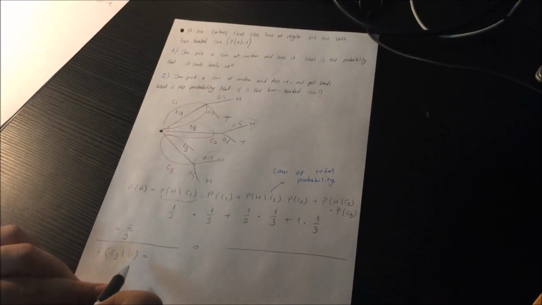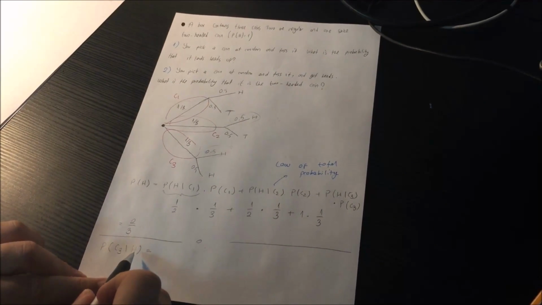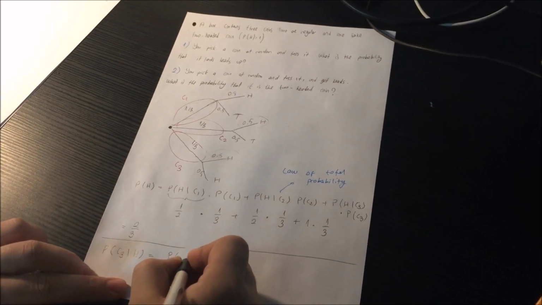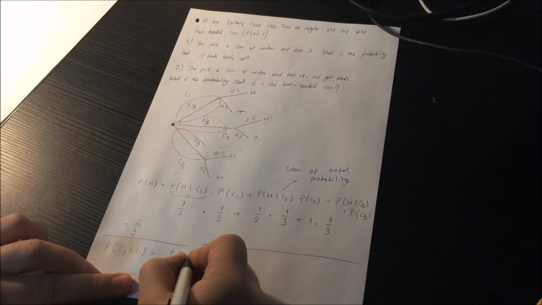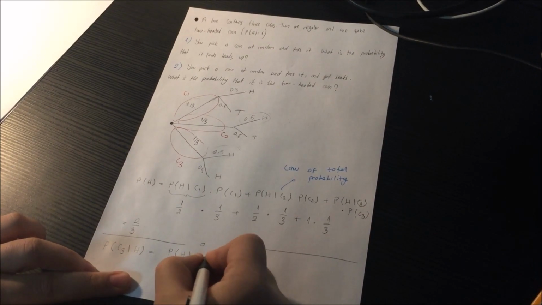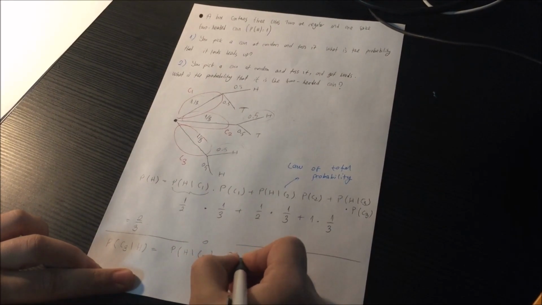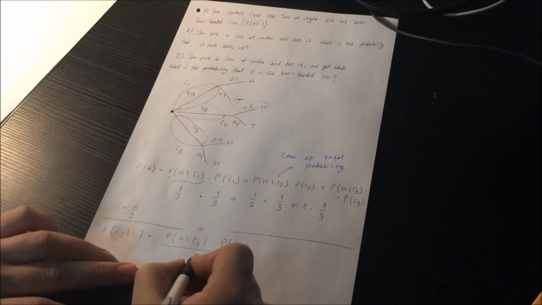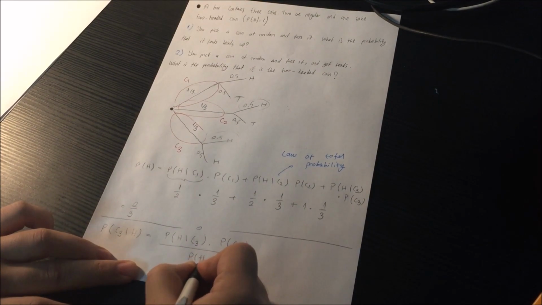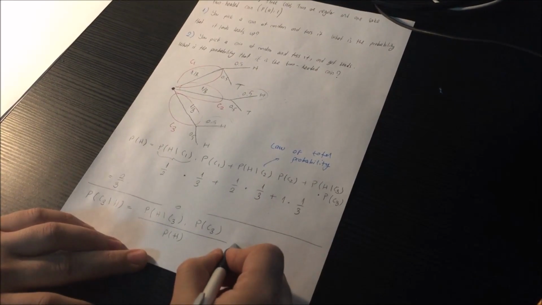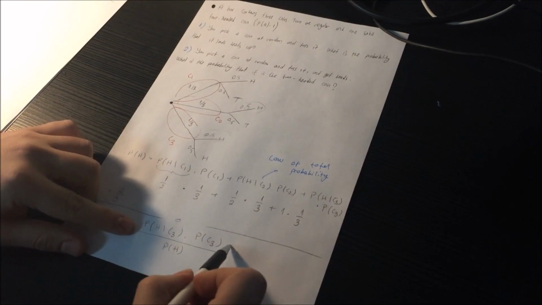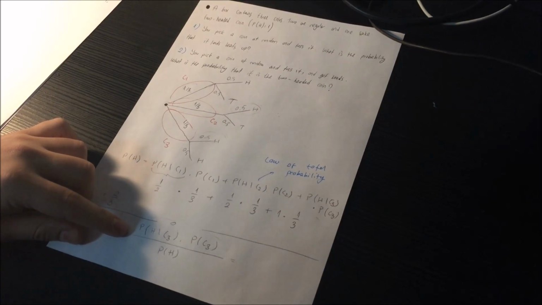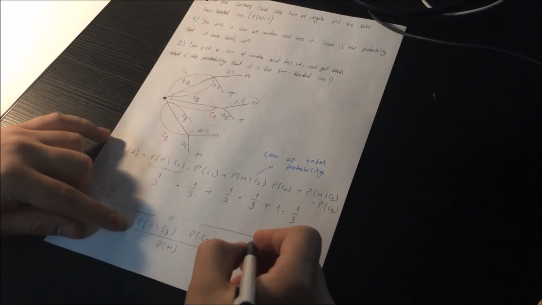So we use Bayes' theorem to solve this question, and I'm going to write it as probability of H given C3 times probability of C3, over probability of H. When we look here, it is the same as we did in the first part, so I'm going to write it directly.